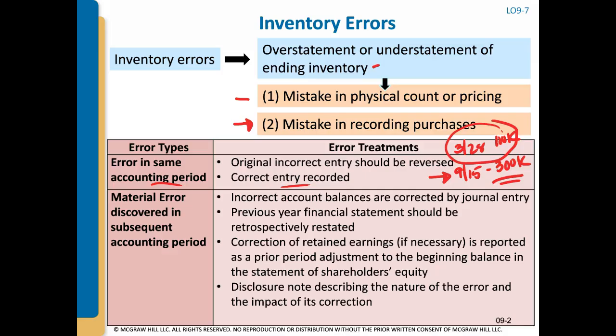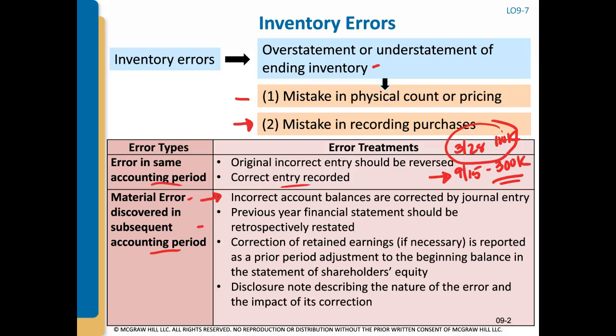If there's a material error that's discovered in a subsequent accounting period, let's just say this year I discovered that last year the ending inventory is overstated or understated, whatever it is, then the company needs to calculate what that error is, how much it is, and record a journal entry in the books to correct it.